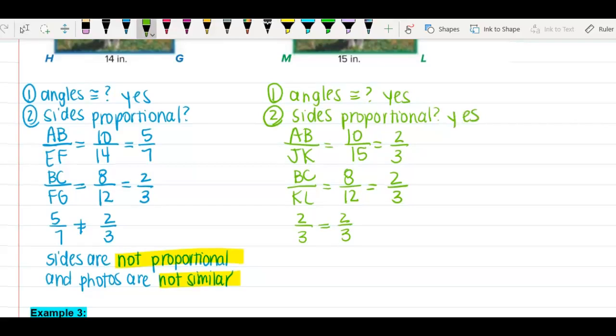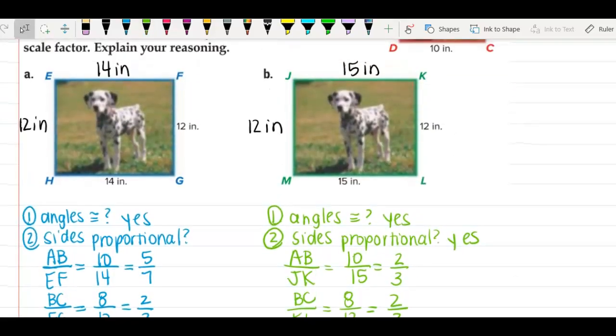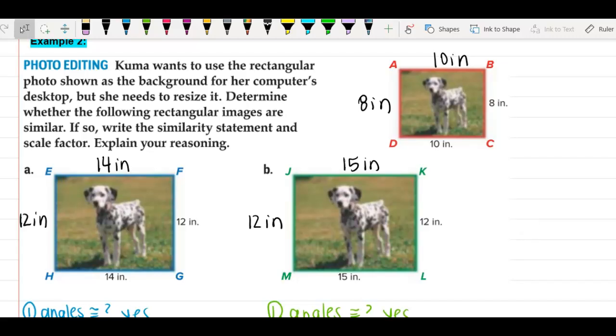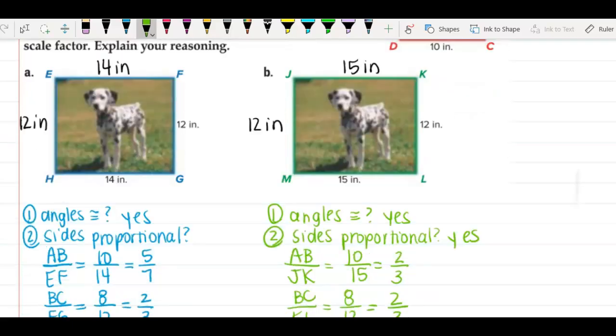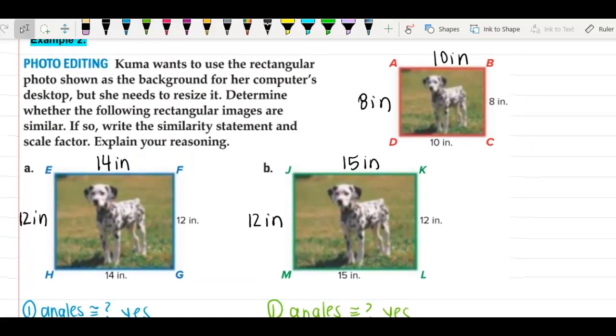So since angles are congruent and sides are proportional, these are similar, and we would be able to write a similarity statement. Remember, when we're naming polygons, especially rectangles or any other polygon, you have to rotate all the way around. If I said A, B, C, D, I started in the upper left corner and rotated clockwise.